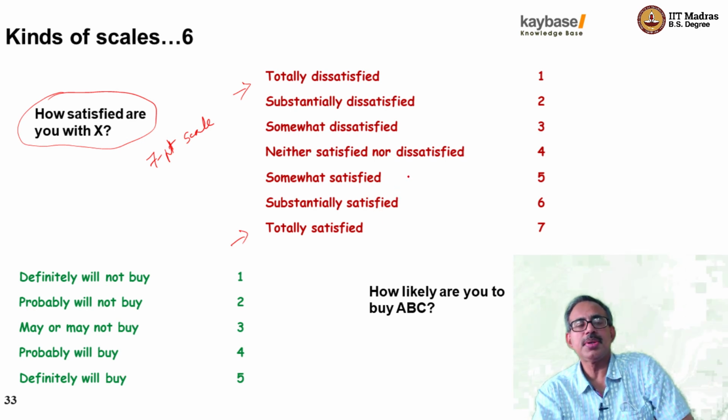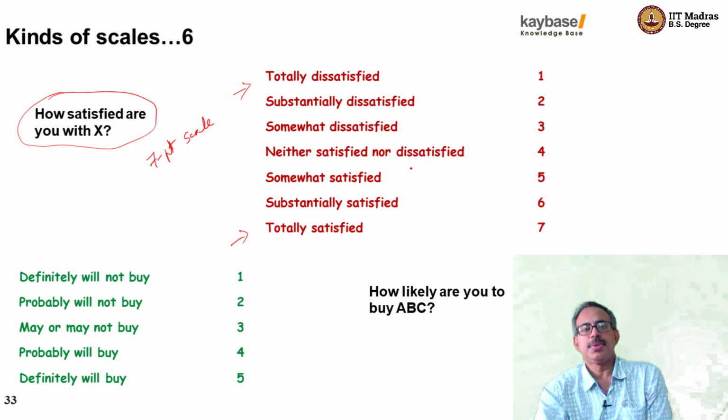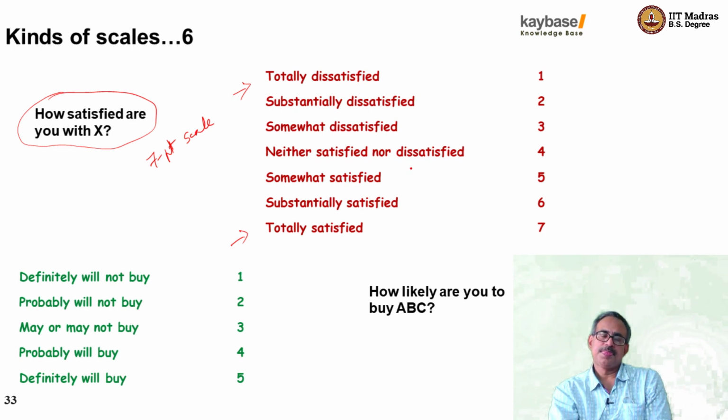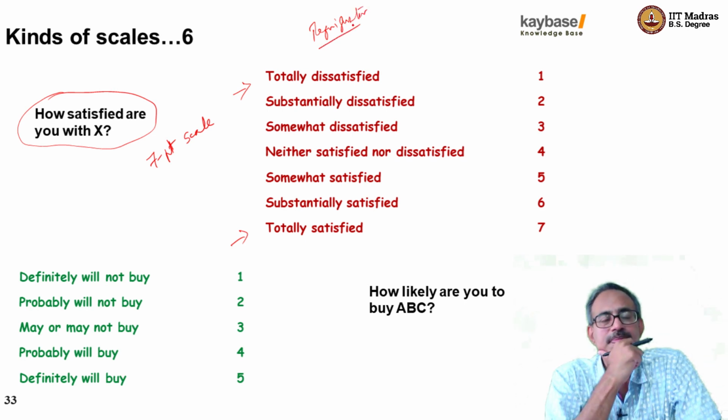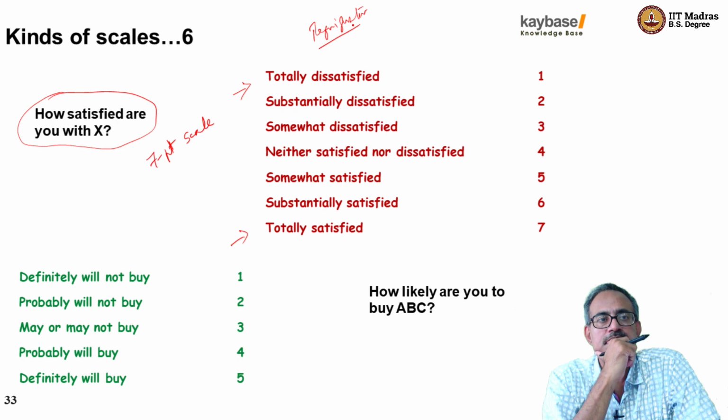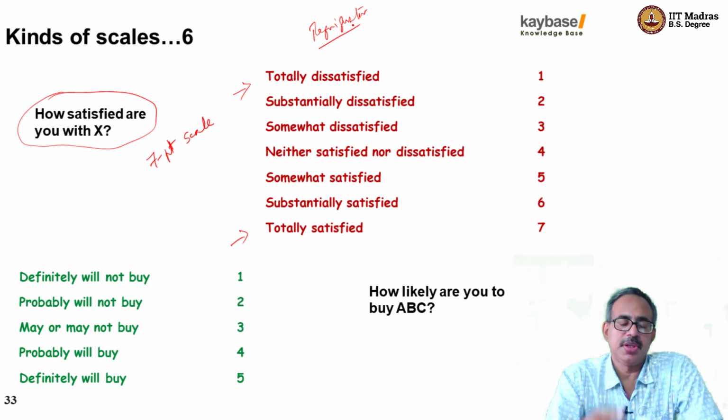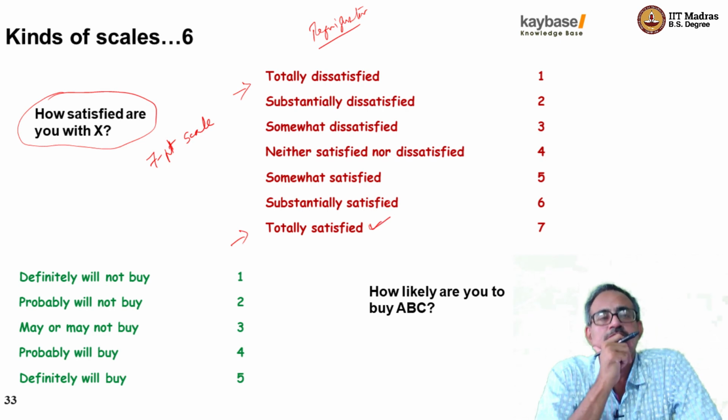What's the most recent consumer durable that you bought in your house? Refrigerator. You bought a refrigerator. How satisfied are you with the refrigerator? Yeah, I'm totally satisfied. You're totally satisfied. Excellent. What is the most recent bank account that you opened? I opened an account in Indian Bank.